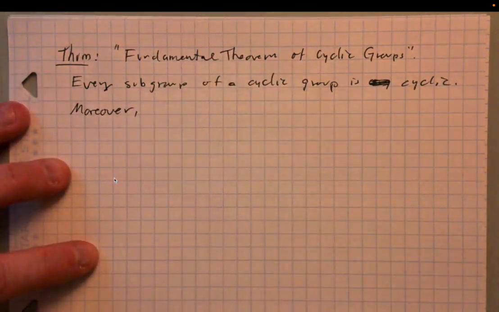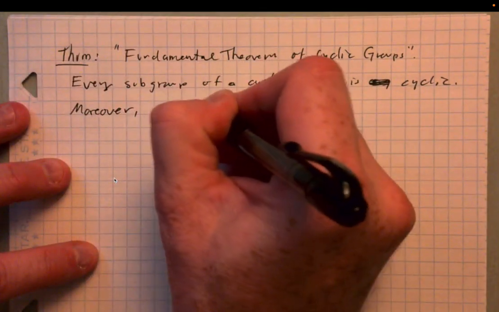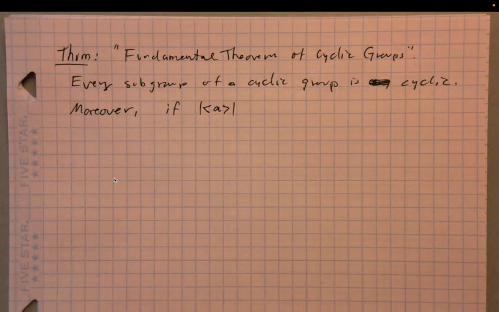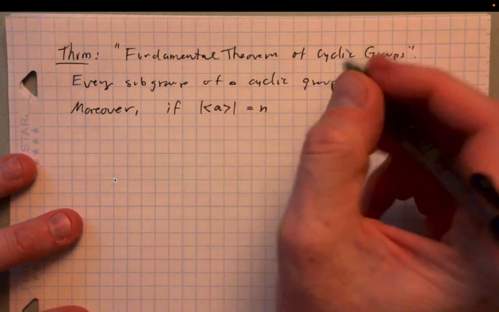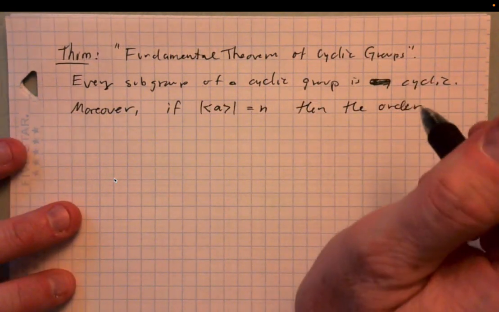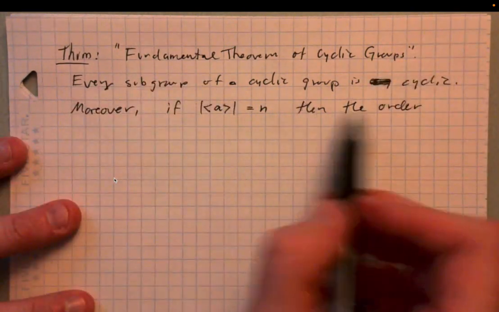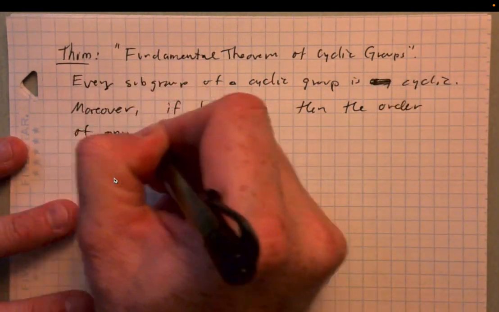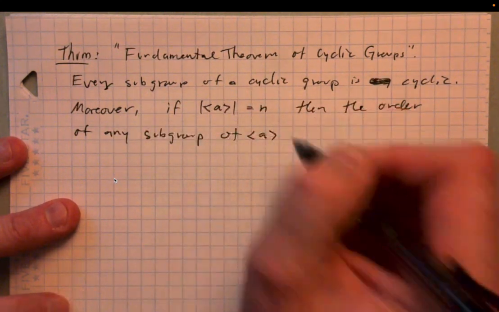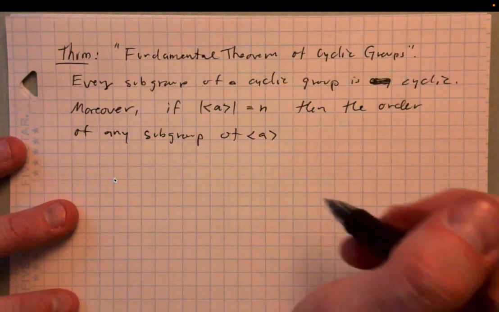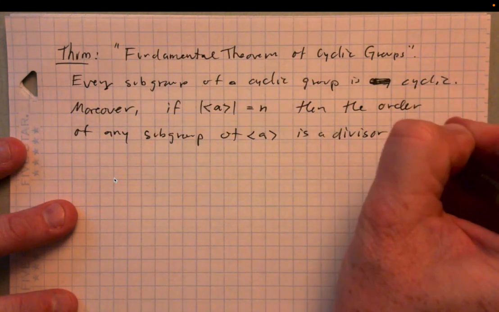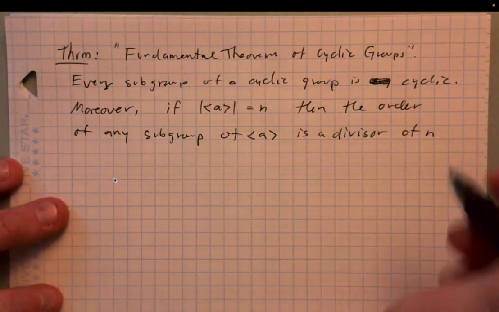Moreover, if the order of a subgroup generated by A is n, then the order of any subgroup of A is a divisor of n.